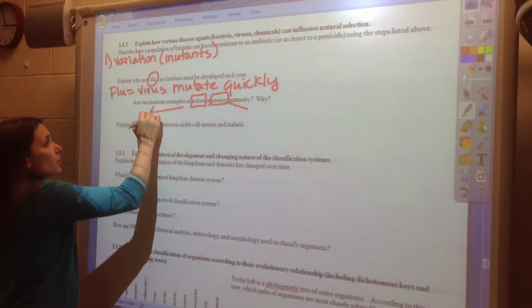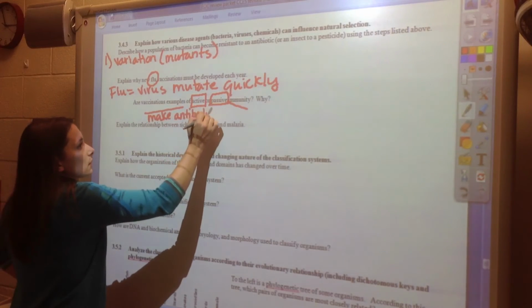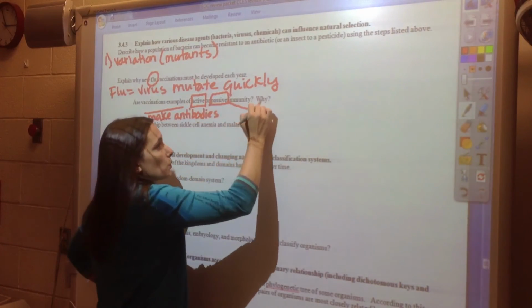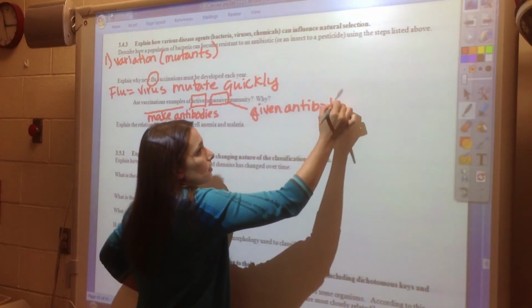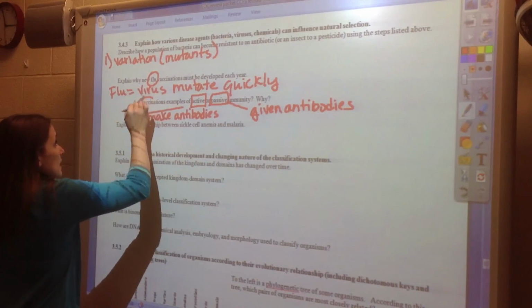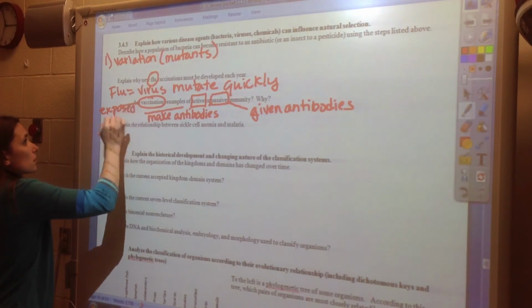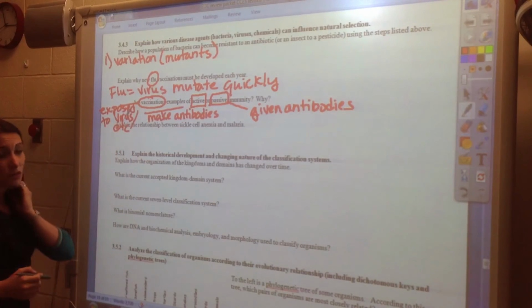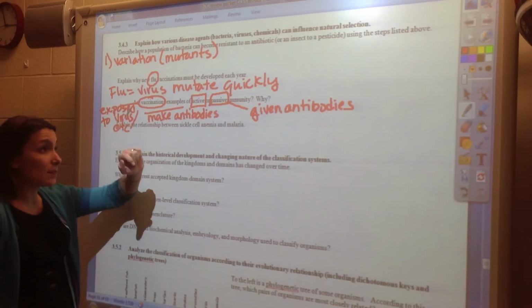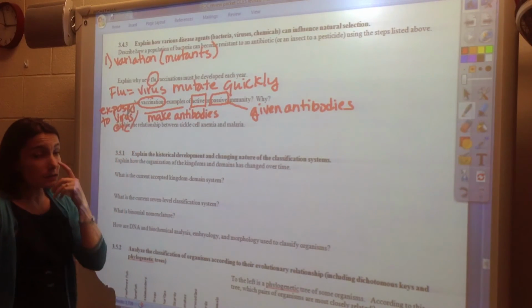Active immunity is where you make antibodies. Passive immunity is where you are given antibodies. A vaccine is where you're exposed to a virus or a bacterium, etc. So if I give you the virus, am I giving you antibodies, or is your body going to make antibodies?